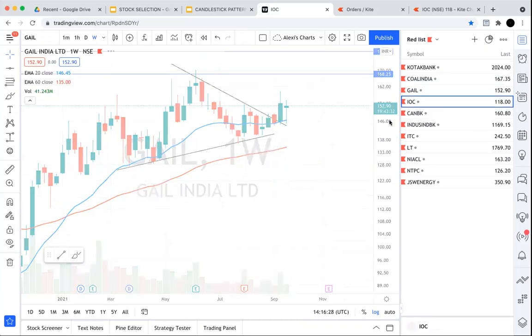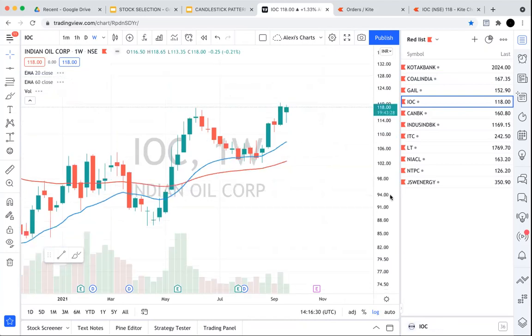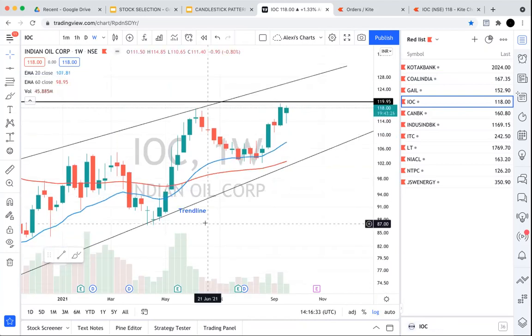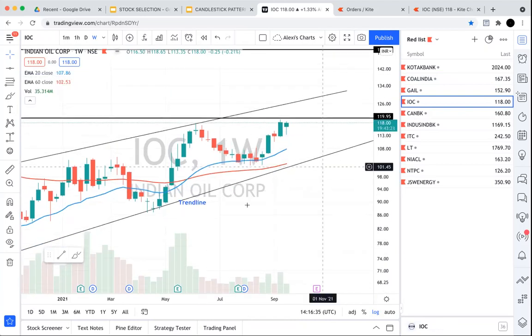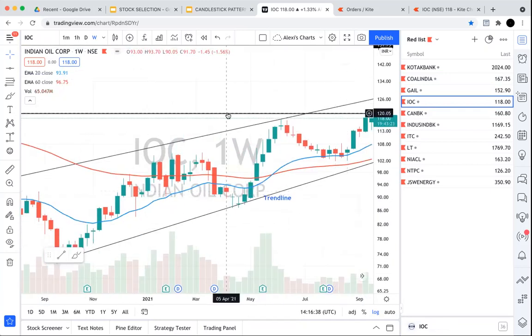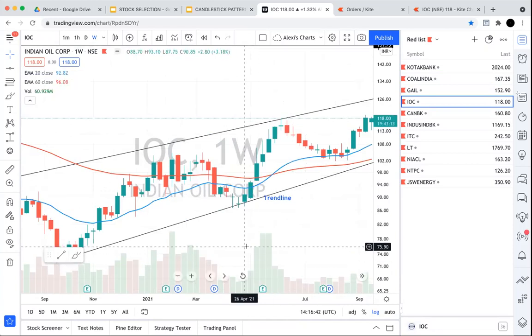Yes, here it is, Indian Oil. This is where I had drawn the trend line. And let me take out this resistance level here. I'll get rid of that so you can see.